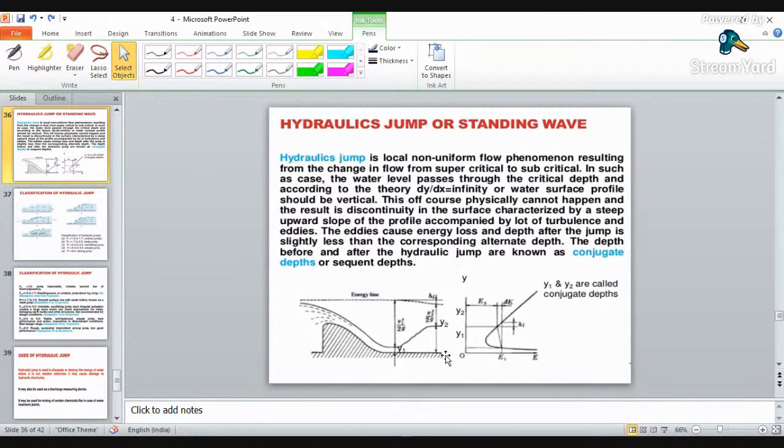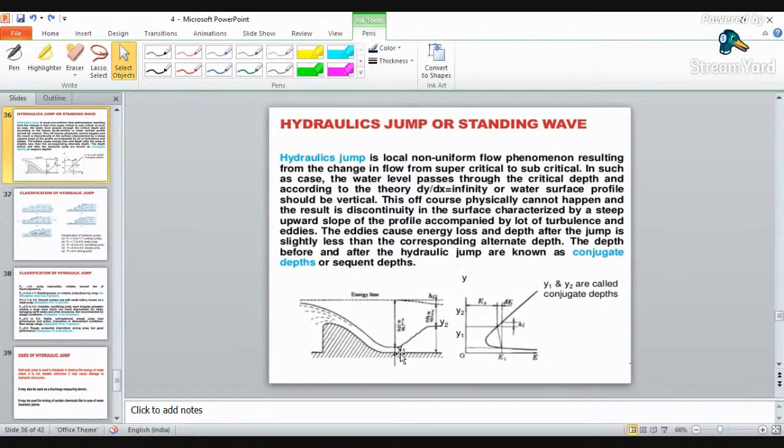That is, y2 is the depth after the jump and y1 is the depth before the jump. Before the jump, your water is in the supercritical condition, with a Froude's number greater than 1. Once the hydraulic jump has happened, your water acquires a stable, subcritical condition.